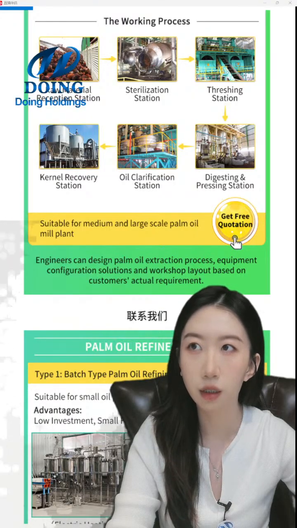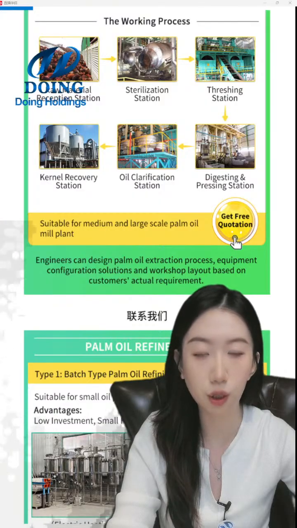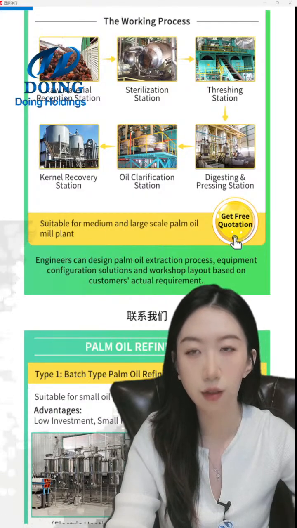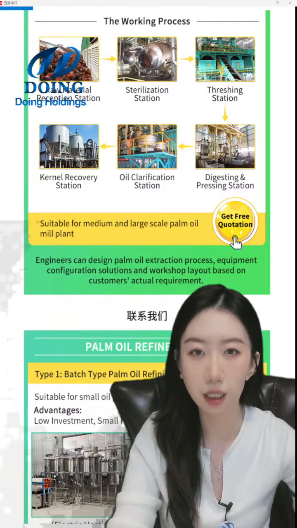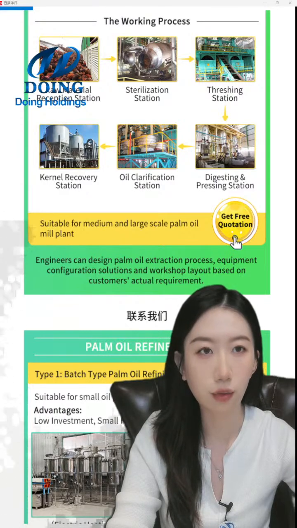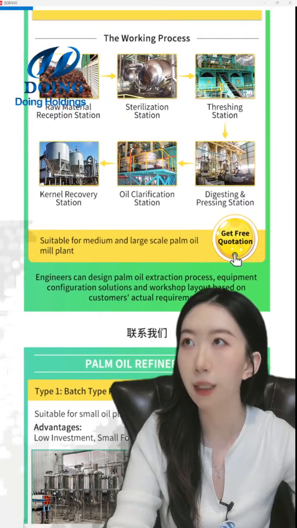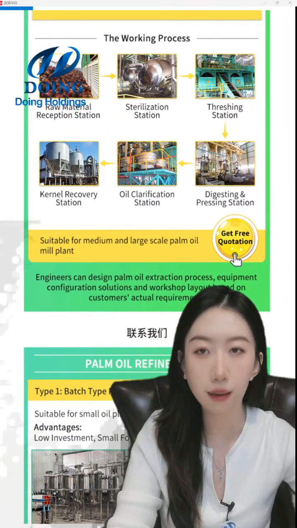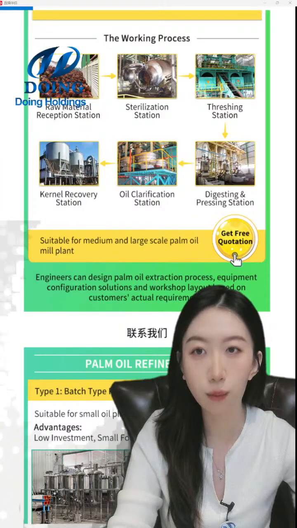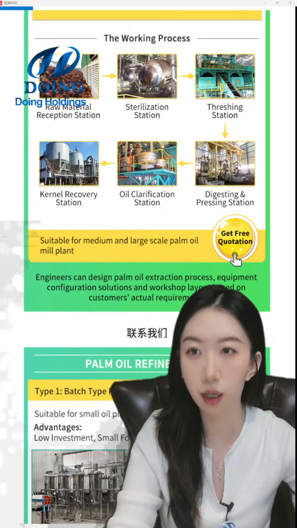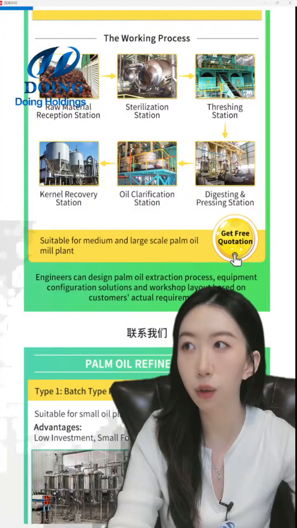The crude palm oil will be pumped to the oil storage tank for the next stage, the refining process. And in the medium and big scale palm oil production line, we add a kernel recovery station.